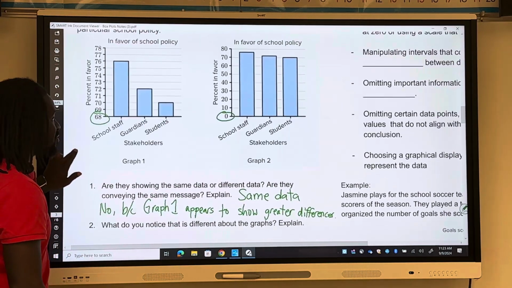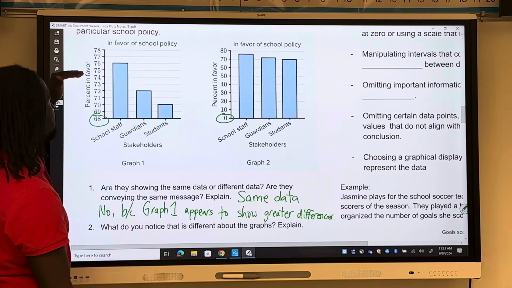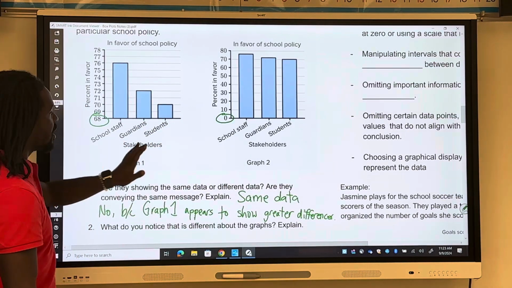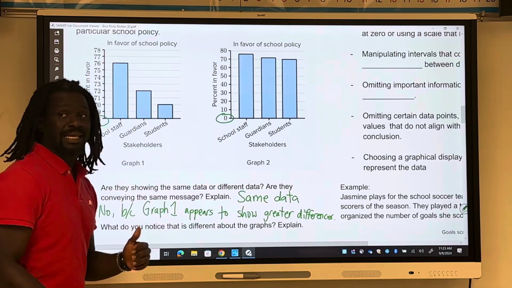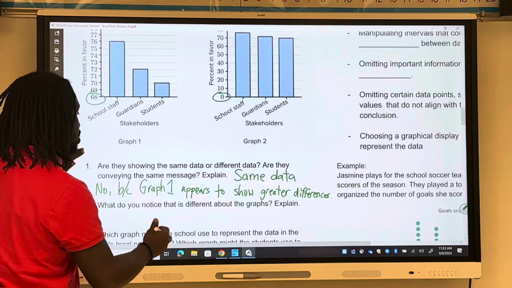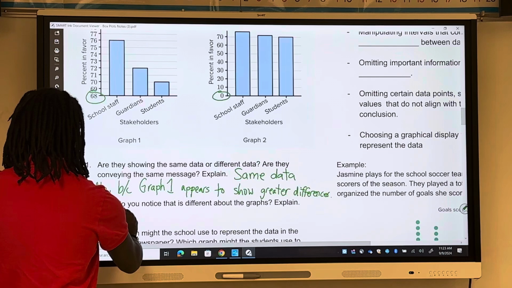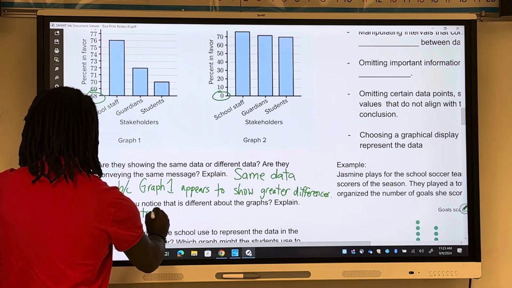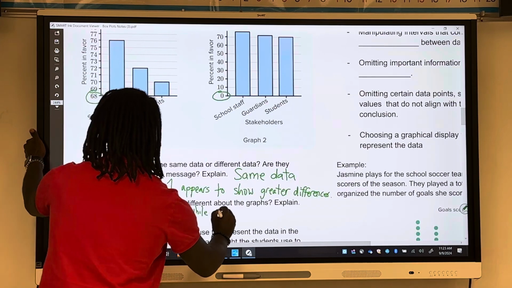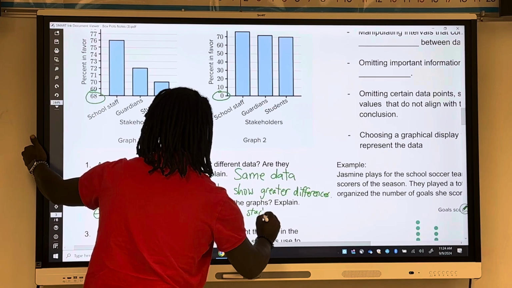All right. Another difference that you might have noticed is that this one counts by what? Graph 1 counts by ones, whereas graph 2, the intervals are about tens, okay? And so those are some of the differences, right? Graph 1 starts at 68, while graph 2 starts at 0.